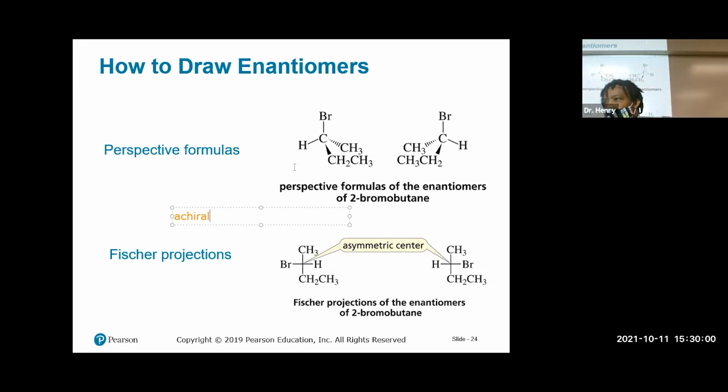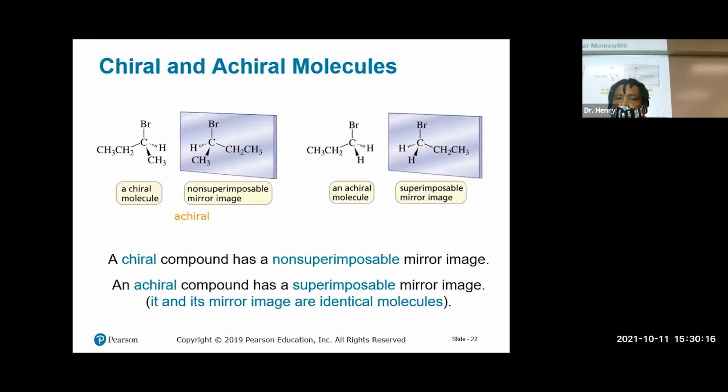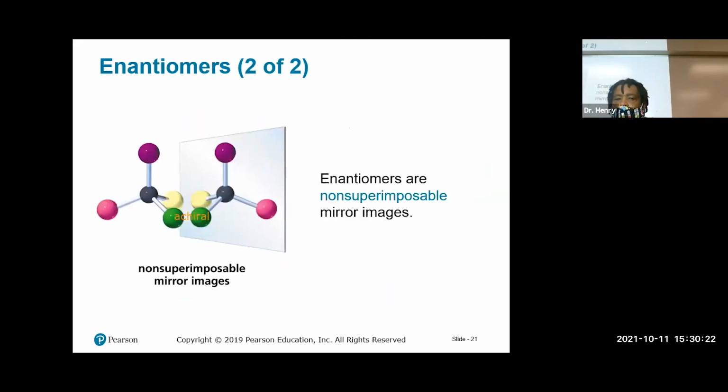Does that make sense? No, you're right, they're chiral. My bad. Achiral is when they're superimposable on each other. I got it mixed up. So enantiomers are chiral molecules.